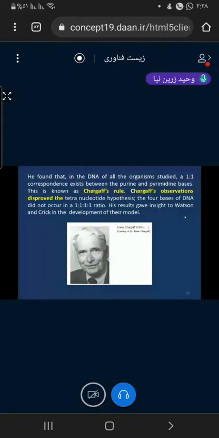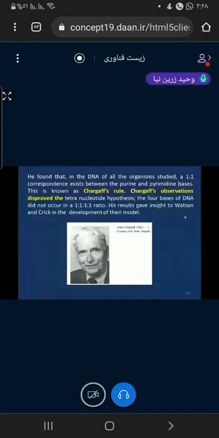Chargaff found that in the DNA of all organisms, a one-to-one correspondence exists between the purine and pyrimidine bases.